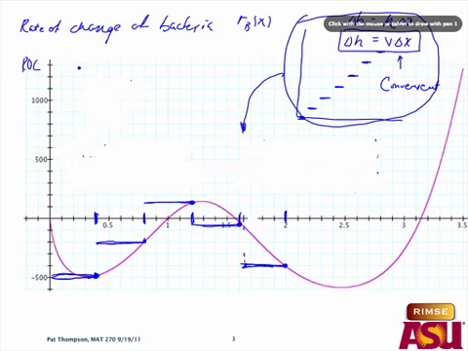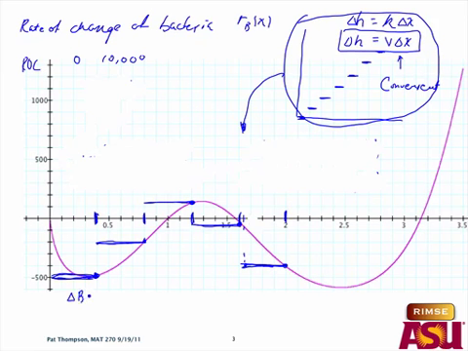So at x equals 0, it started at 10,000. And now with this, we can calculate what the change in bacteria was for a step function for that interval. So how much did the bacteria change? We say this constant rate is about negative 500.